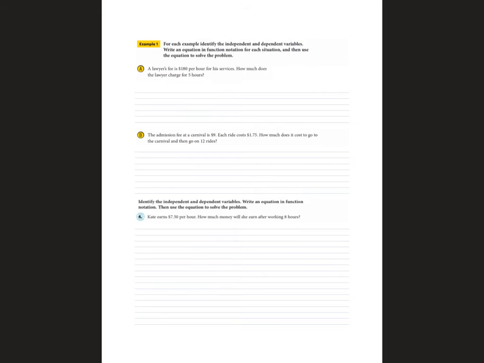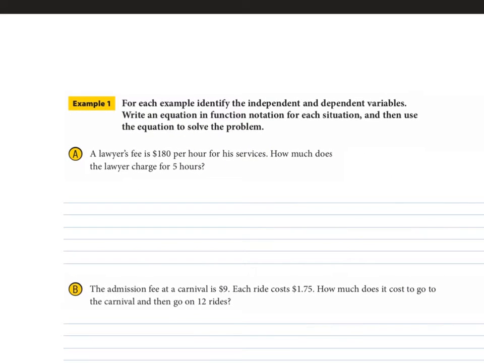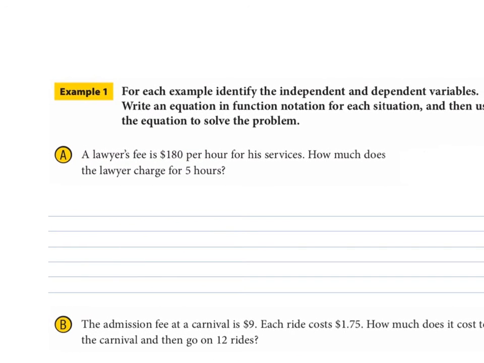If we look at the next example, it says, for each example, identify the independent and the dependent variables. Write an equation in function notation using f of x for each situation, and then use the equation to solve the problem. So for A, we have a lawyer's fee is $180 per hour for his services. How much does the lawyer charge for 5 hours?